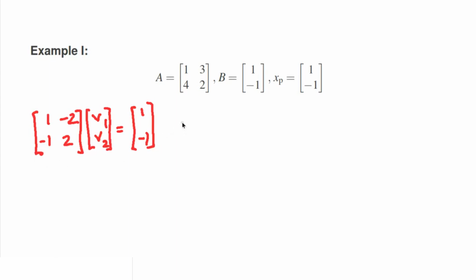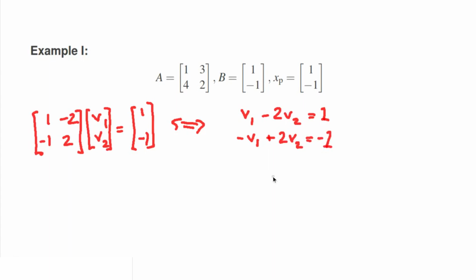So the first line of this matrix equation reads 1 times v1 minus 2 times v2 is equal to 1. So v1 minus 2v2 is equal to 1. And the second line reads minus v1 plus 2v2 is equal to minus 1. And the question is, can we solve this system?